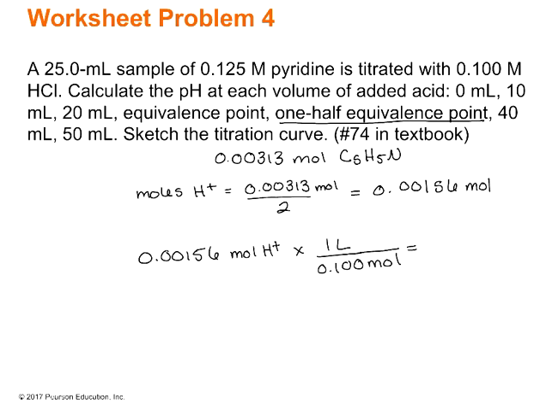So this should give us 0.0156 liters, or if you want this in milliliters, that would be 15.6 milliliters. Okay, so now we can use the volume of added acid and the pH later on in our graph.